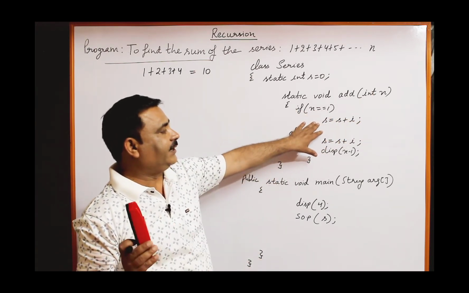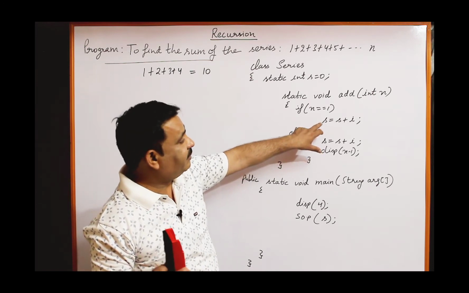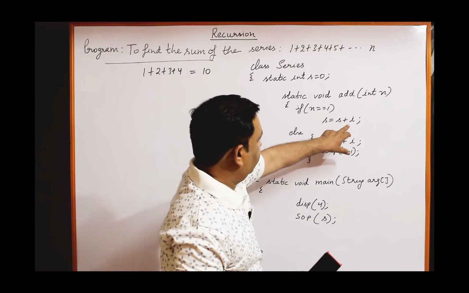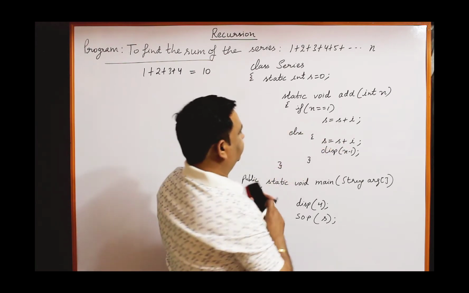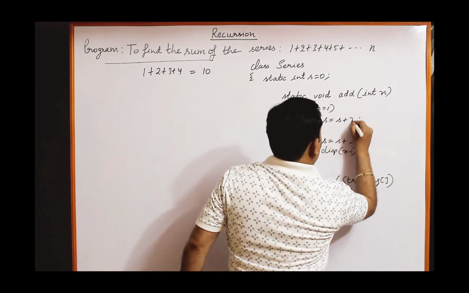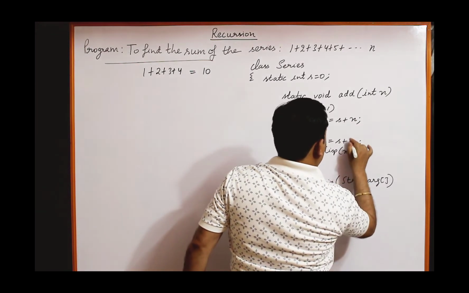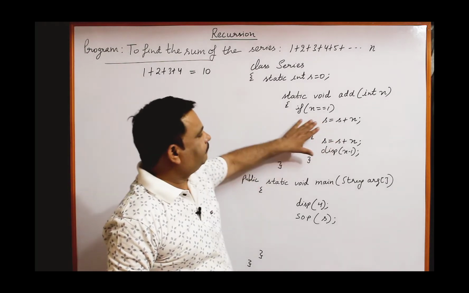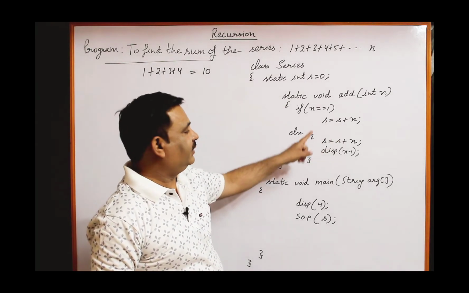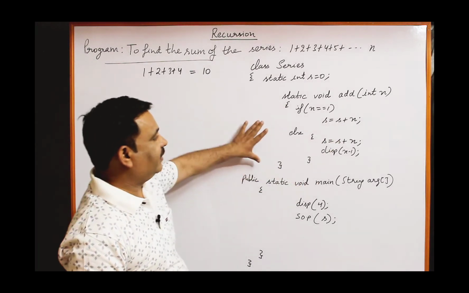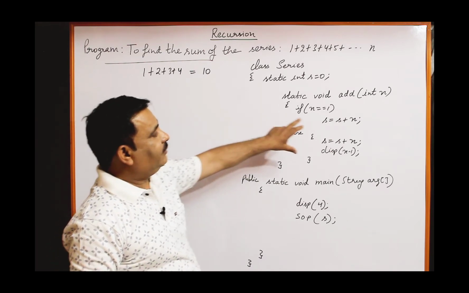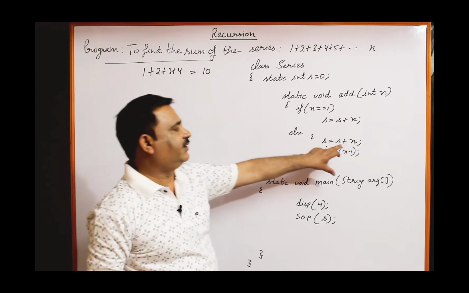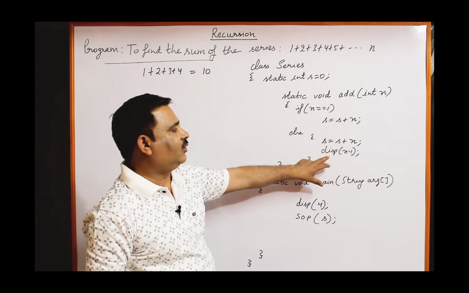Instead of printing, in the previous lecture I had printed system.out.print n, so it was printing 1, then 2 and so on. But here what you have to do, I am just adding: if n is 1, just add the value of n to s, else add the same value n to s and call the function.